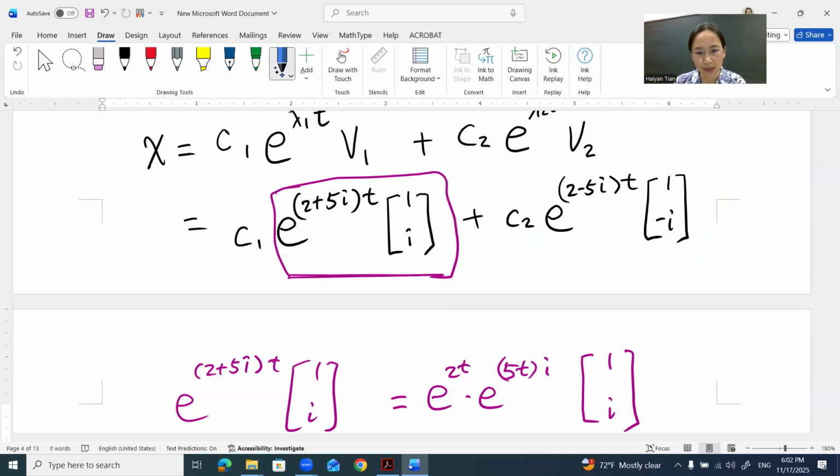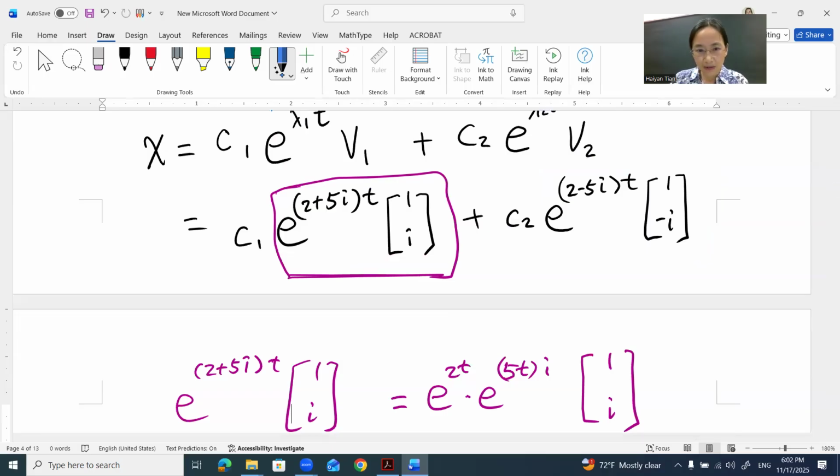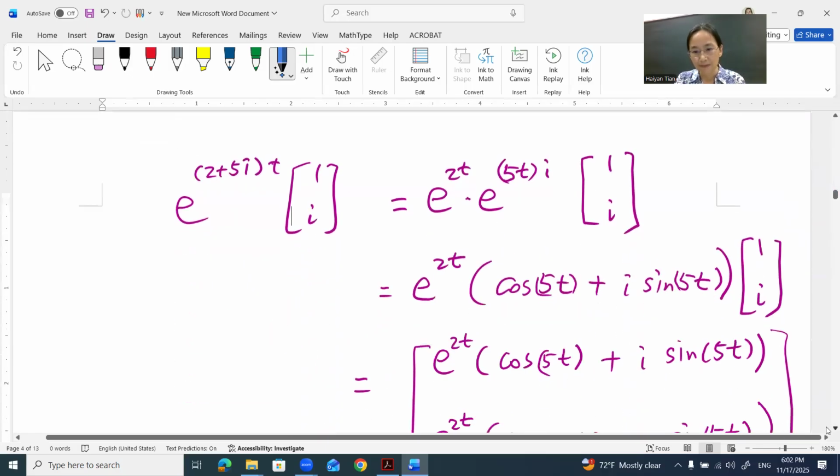So from this one complex valued solution, we discovered two real valued independent solutions. So let's use the real and imaginary part of this solution to generate our general solution.